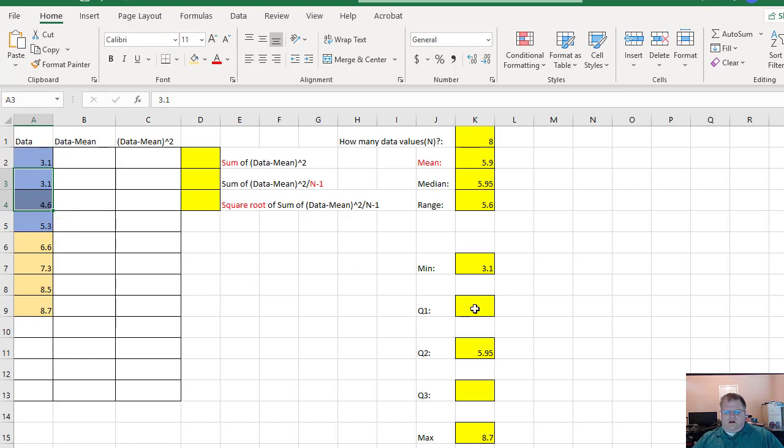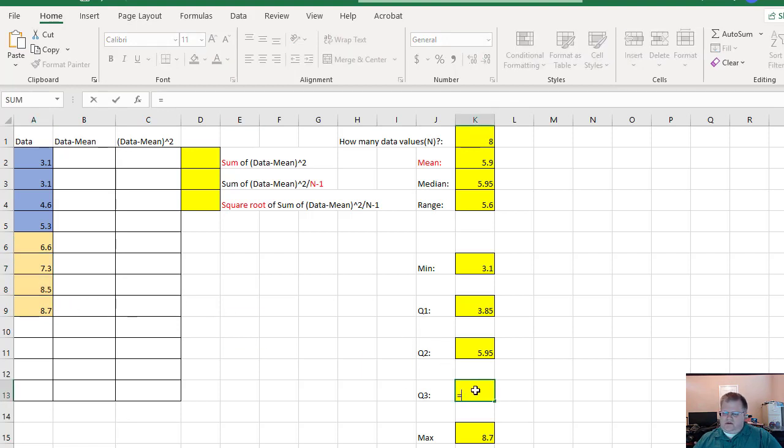So let's see, 3.1 to 4.6. So equals this number plus this number divided by 2. And so there's our Q1, and our Q3 is the same idea but with the top half. So I want to look at the middle 2 numbers there, add those up and divide by 2.